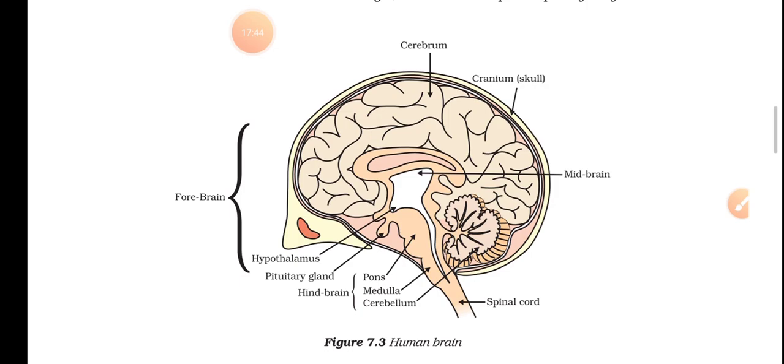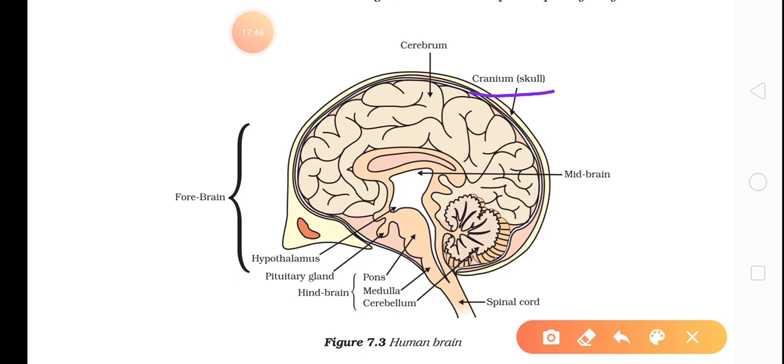Write that our brain is protected by the cranium, which is a portion of the skull, and between the skull and brain we have a fluid called cerebrospinal fluid. Why is it called cerebrospinal? Because the cerebrum and spinal cord, both of them are protected with this fluid. So between the two structures we have the fluid, which is CSF.